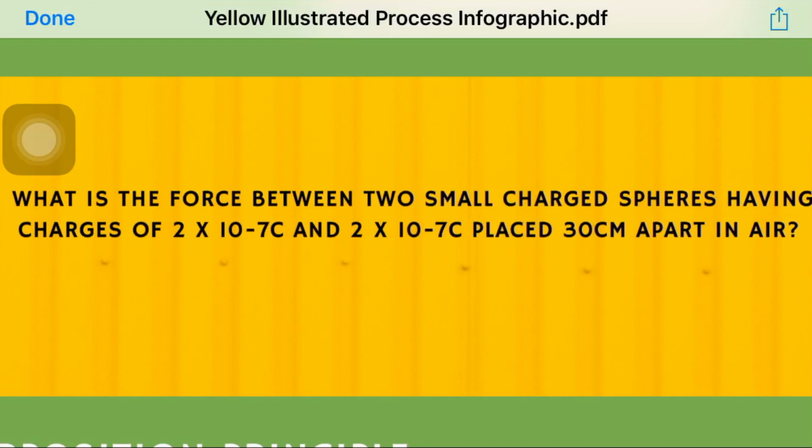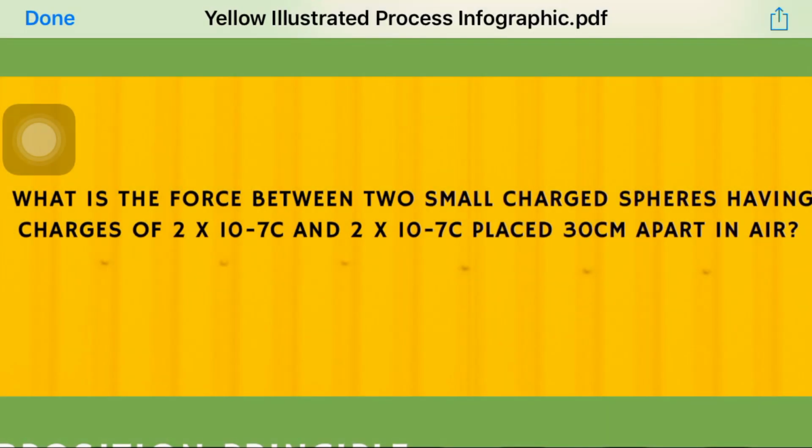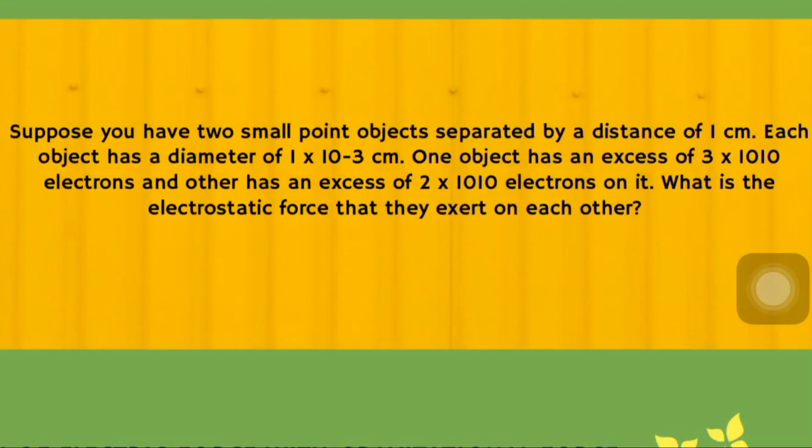Here is your first question. What is the force between 2 small charged spheres having charges of 2 into 10 to the power minus 7 Coulomb and 2 into 10 to the power minus 7 Coulomb, both equal in magnitude, placed 30 centimeter apart in air? Second question.